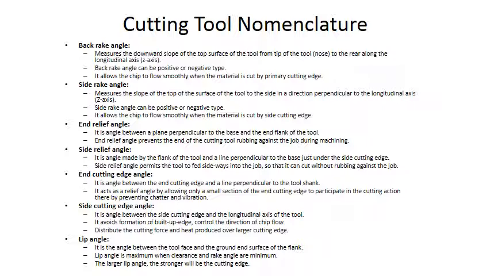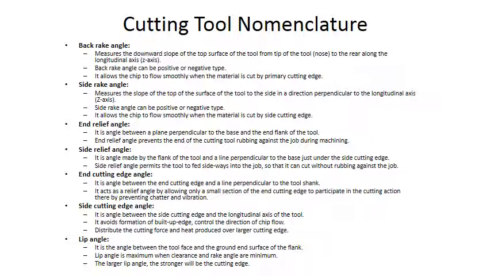End cutting edge angle is the angle between the end cutting edge and the perpendicular to the tool shank. It acts as a relief angle by allowing only a small section of the cutting edge to participate in the cutting action, thereby preventing chatter and progression.